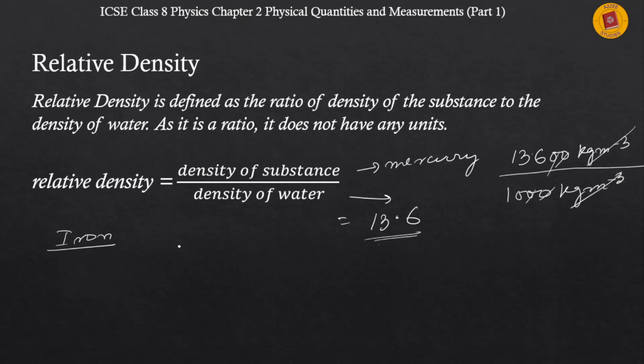And what will happen if we put any object made of thermocol or plastic on water? It will float. So the relative density of thermocol will be less than that of water, that is, less than 1. We will discuss the principle of flotation in the next video. It's just a glimpse.